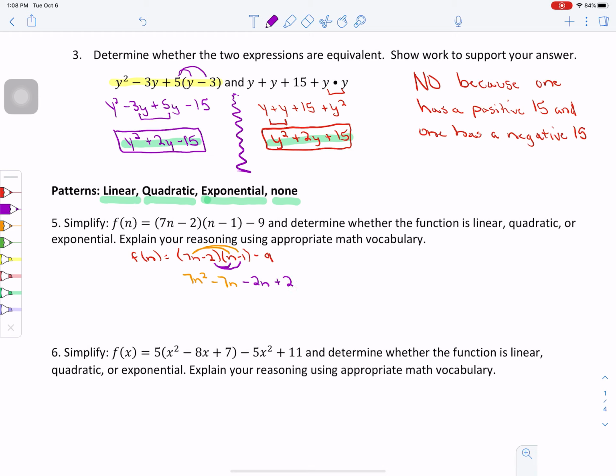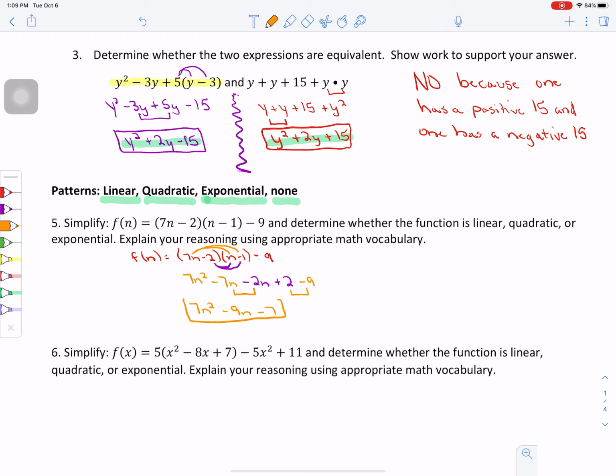Make sure you're watching those negative signs. And last, we're just going to bring down that minus 9. Now we're going to combine like terms. So I have 7n squared. Negative 7 minus 2 is negative 9n. And 2 plus negative 9 is negative 7.